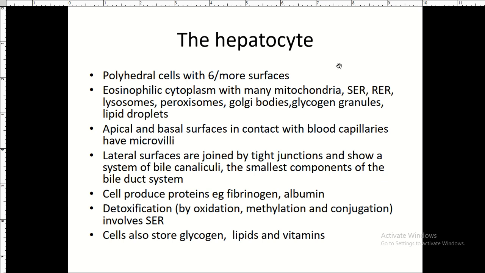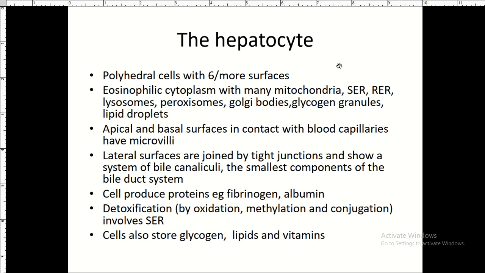The apical and basal surfaces face blood capillaries, and they have microvilli which expand into the space of Disse. Take note of this: the lateral surfaces are joined by tight junctions, and they form a system of bile canaliculi where the bile is secreted. These bile canaliculi join to form bile ducts, hepatic duct, and so forth.